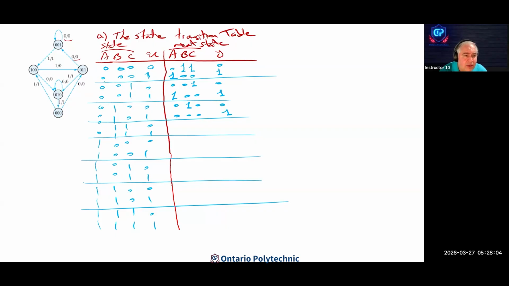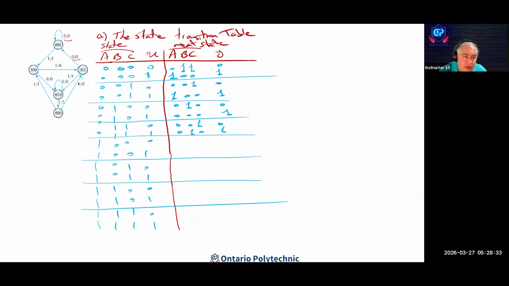0, 1, 1 here. Input 0, where do you go? 0, 0, 1, and output is 0. 0, 1, 1 and input is 1, we are going to 0, 1, 0, and output is 1.